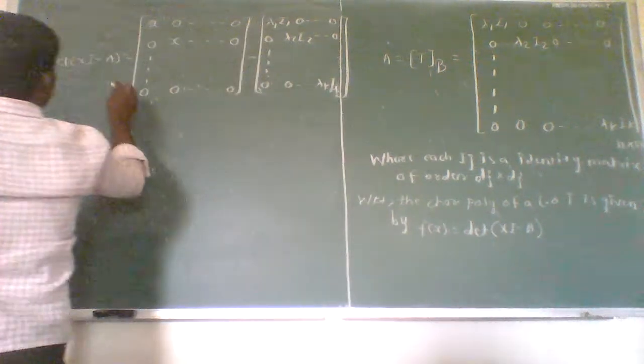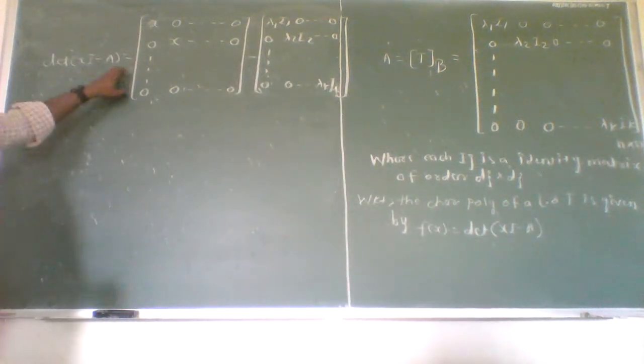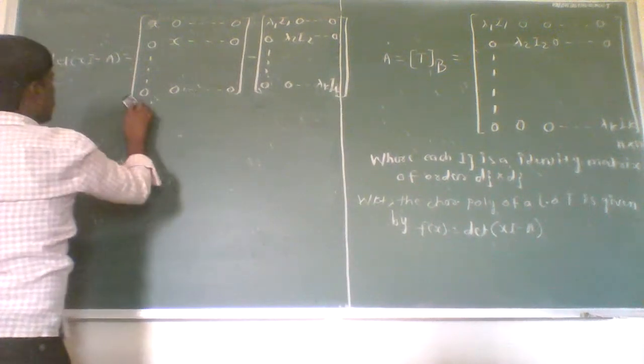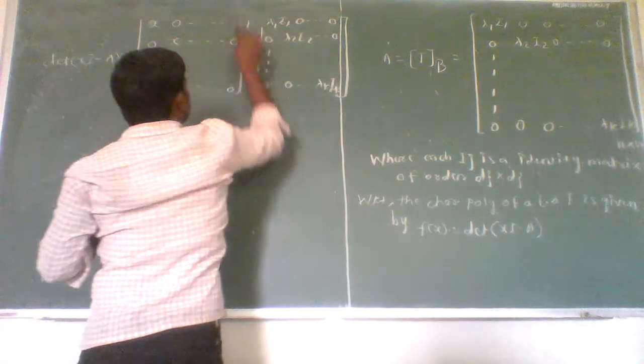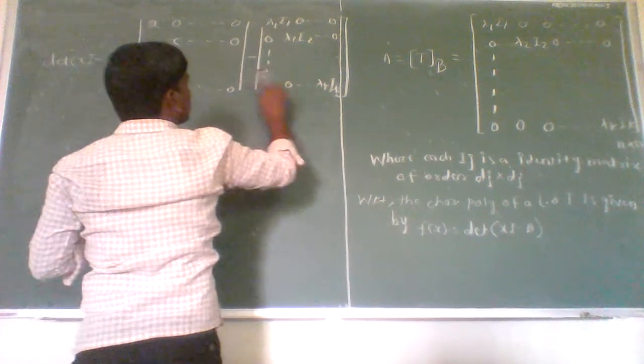Here we get xI minus A, and now we have to take its determinant.